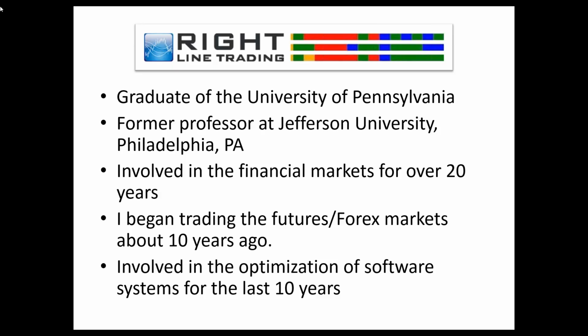Basically, what we look at at RightLine is future price movement as the result of the interaction of multiple independent variables. What we've done is to determine what these independent variables are, set them in a multivariable equation, and then seek to optimize the results.